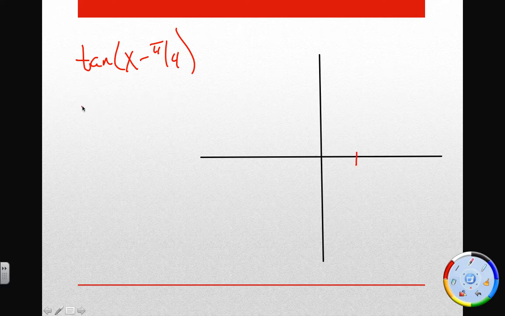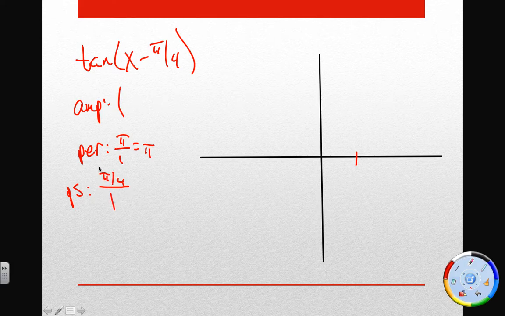Oh, I didn't pick out any of this stuff. Amplitude is 1. Period is pi over b, which is just pi. All right. And then my phase shift is c over b, which is pi fourths over 1, just pi fourths. And it is to the right.